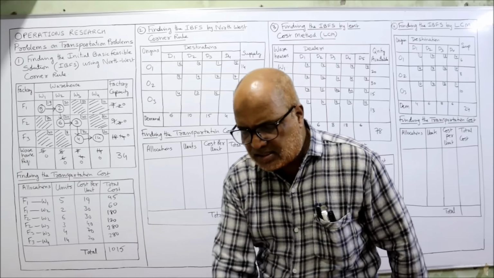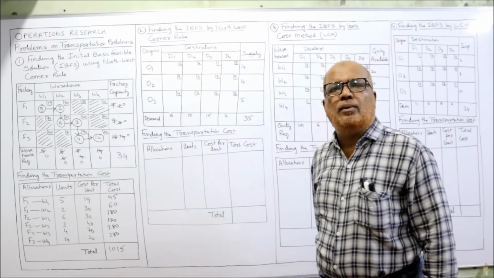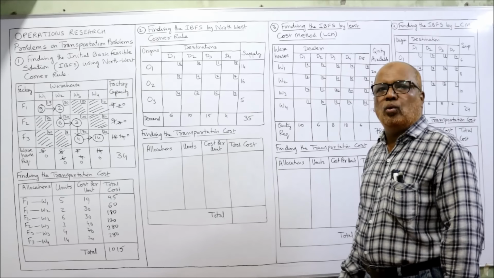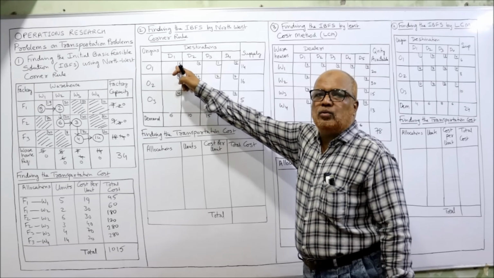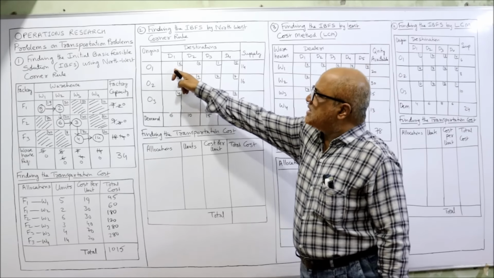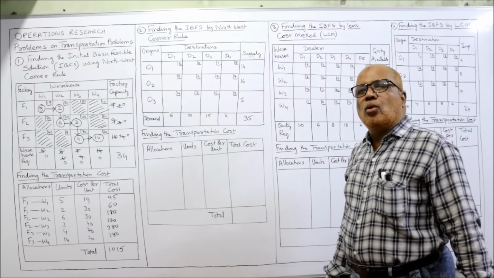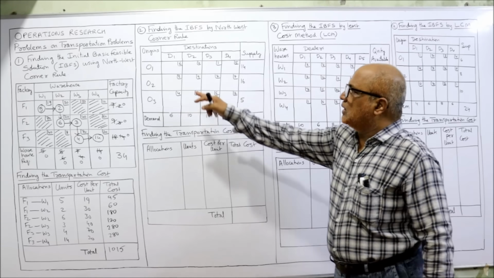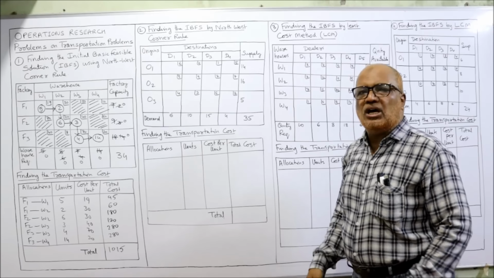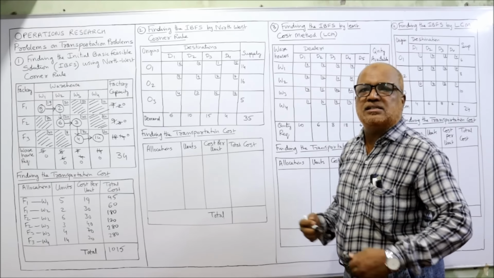Again, exactly in the same way as we have done in the first problem, make the allocation according to northwest corner rule. First cell I am going to allocate, to the last cell I am coming, right? First cell, what is the row total and what is the column total? The row total 14, column total 6, whichever is less. 6 is less.